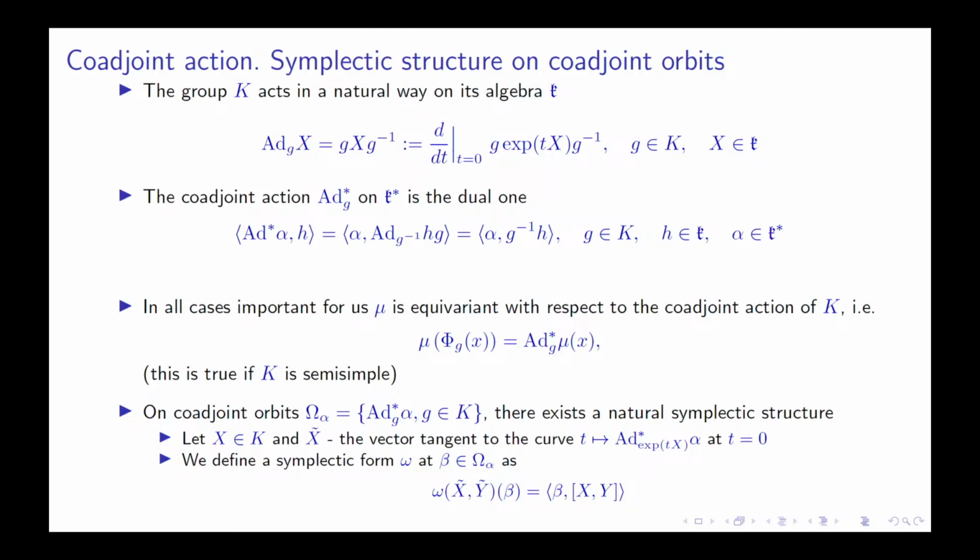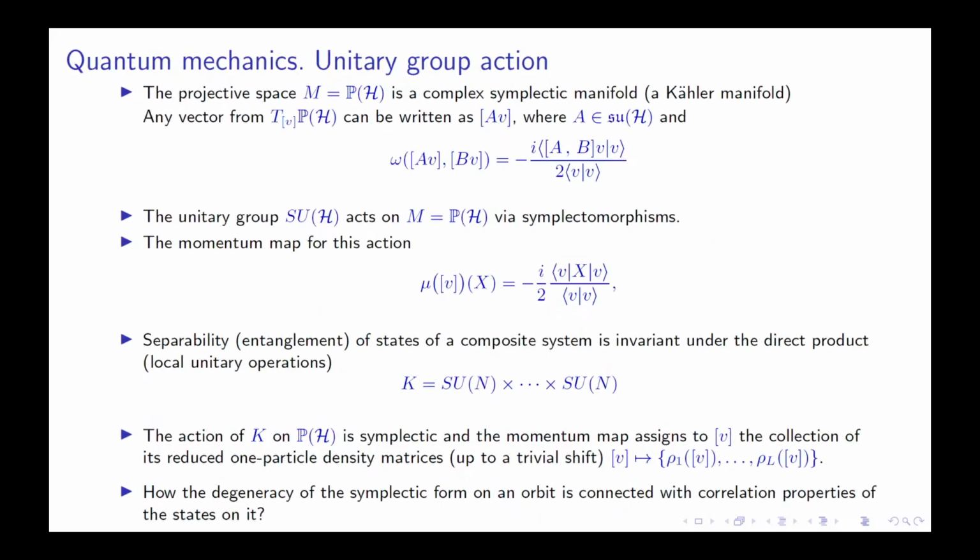So it means that these adjoint orbits are really good phase spaces. Okay. So now, as I promised, we'll finally go to quantum mechanics from this, I would say, abstract algebraic or classical mechanics formulation, this construction of this tool.